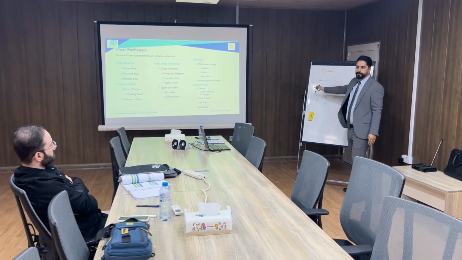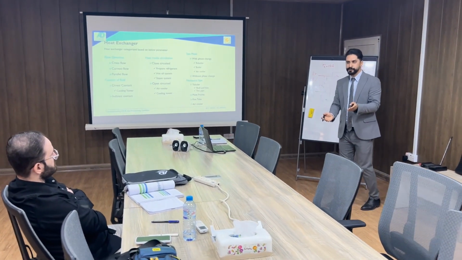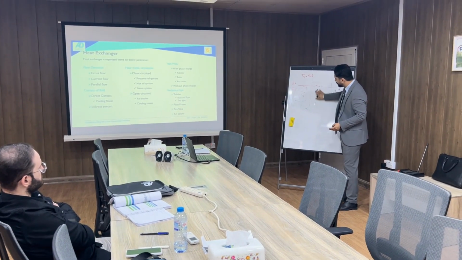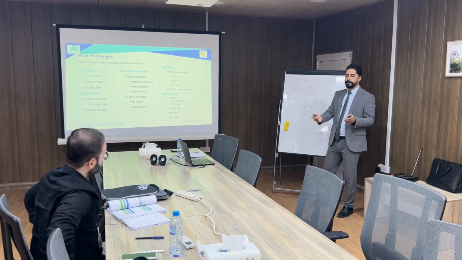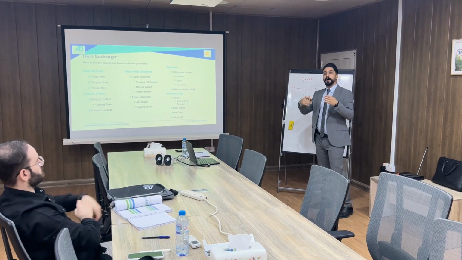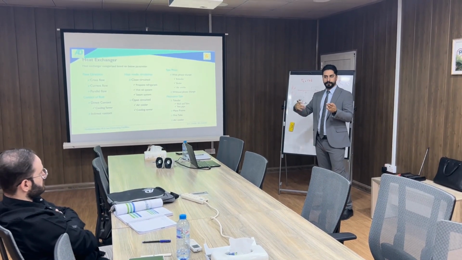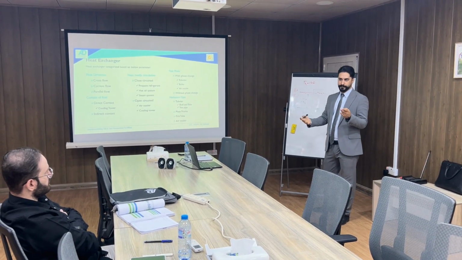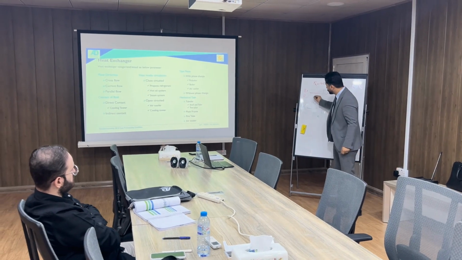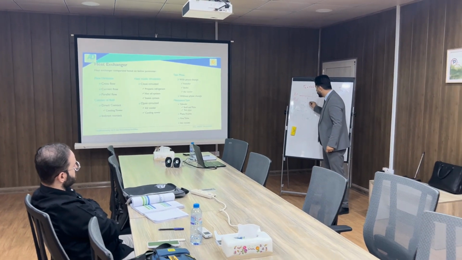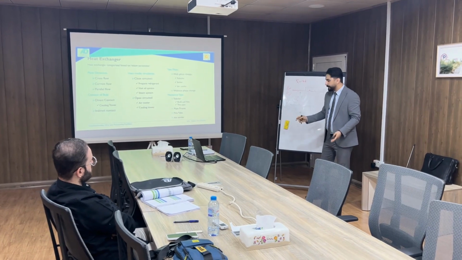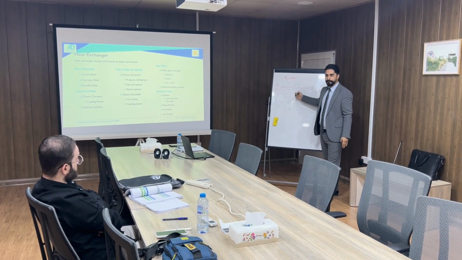We are going to use a co-current heat exchanger, and this surface area of the heat exchanger is going to experience a high amount of heat transfer according to the formula that we have talked about. When the differential temperature is higher, the amount of heat transfer at this area will be high.